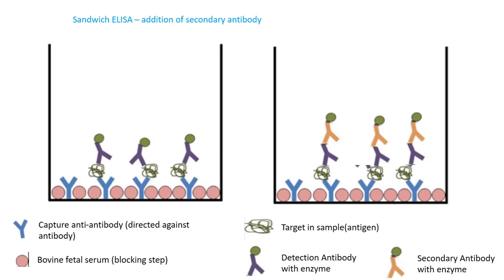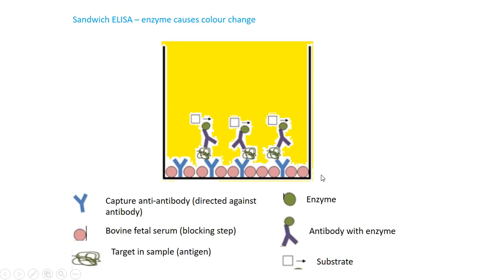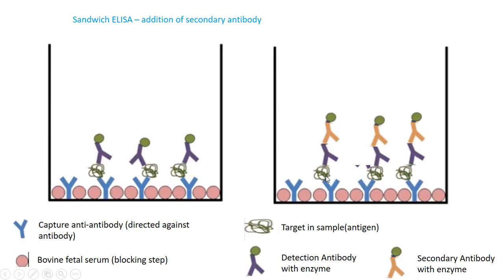Another way that a sandwich ELISA can occur is that you have all the steps of capture antibody, isolate the antigen, add a detection antibody here. So capture, detection, and then you can use a secondary antibody with the enzyme attached. So the difference between the two here is that the detection antibody has the enzyme and it's a shorter assay.